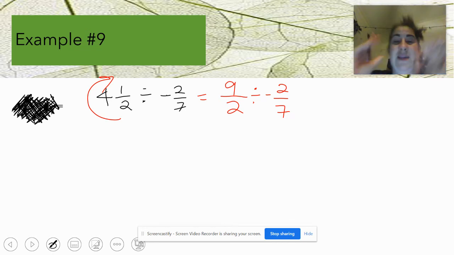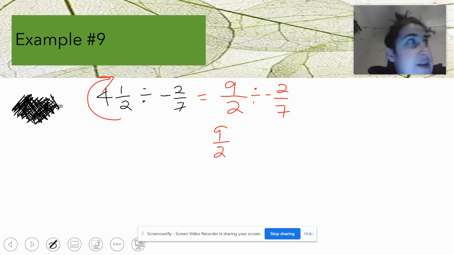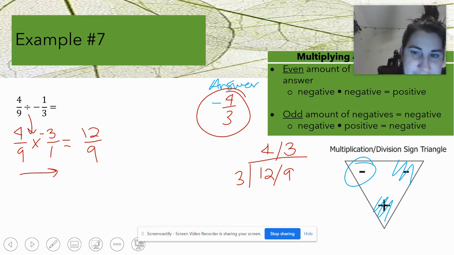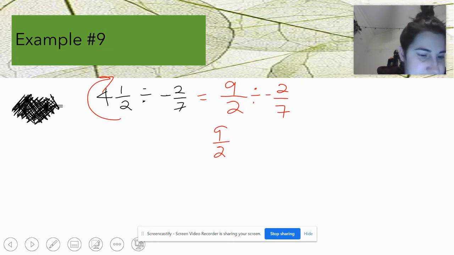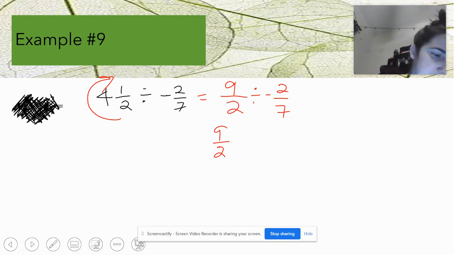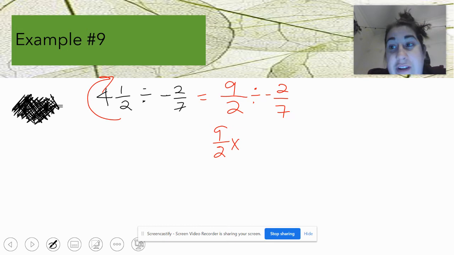Welcome back. So I'm going to keep the first one, change it to a multiplication, and we're going to flip these.